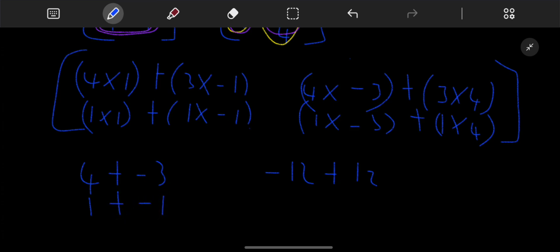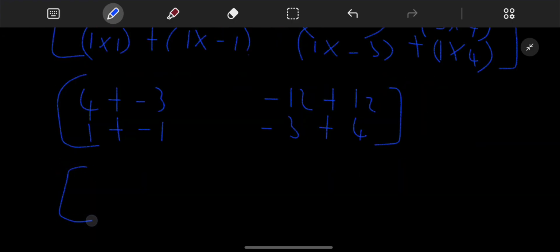And last here, 1 times -3, that's -3, plus 4 times 1, that's 4. Now we say 4 plus -3, it'll be 4 minus 3, that's a 1. Now we go here, minus 12 plus 12, that's a 0. 1 plus -1, we say 1 minus 1, that's a 0. Then lastly, minus 3 plus 4, that's a 1.